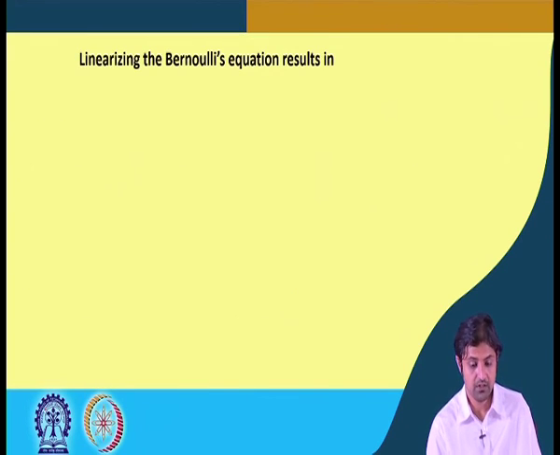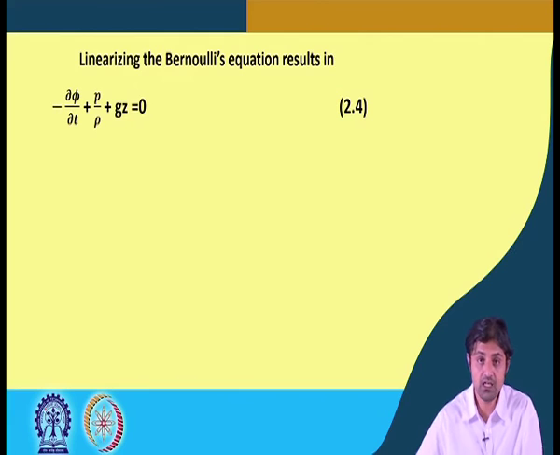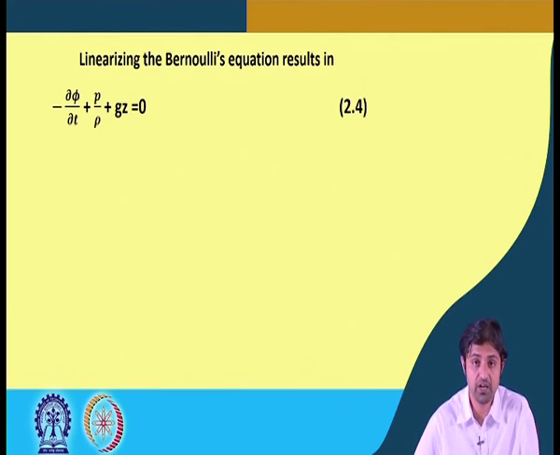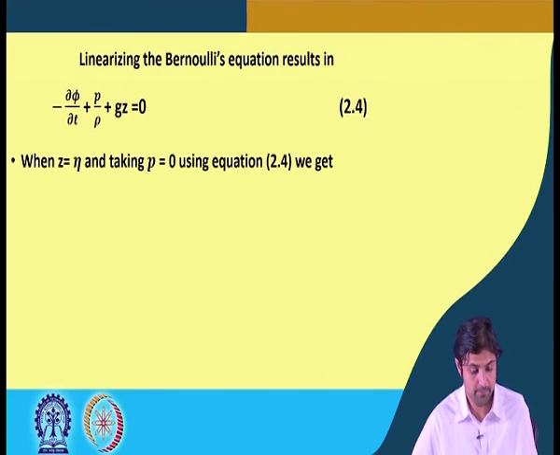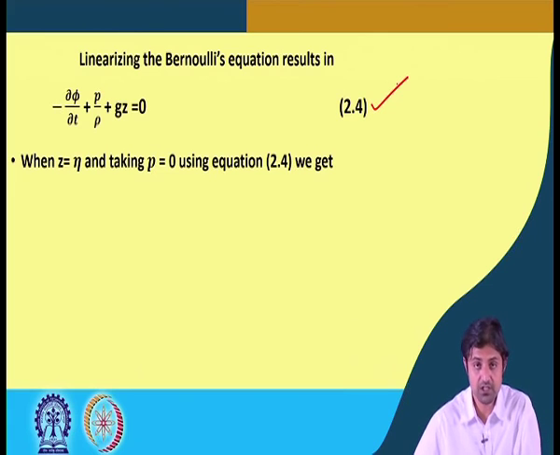Now, if we linearize the Bernoulli's equation, linearizing means taking out the second order terms. So we take out u square plus w square, because those are quite small at the free surface. So this is the linearized boundary condition that we get from linearizing Bernoulli's equation.